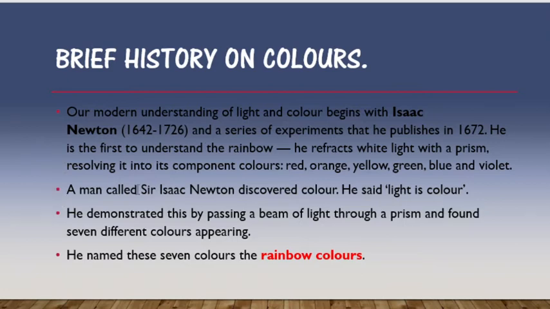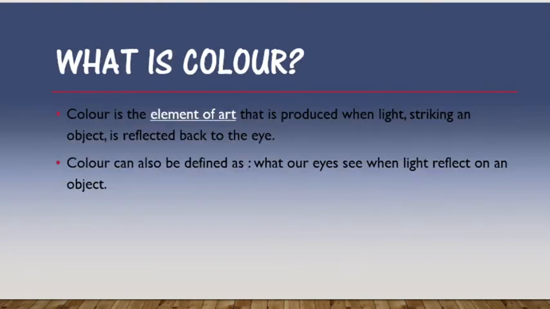A man called Sir Isaac Newton discovered color. He said, "Light is color." So from our definition, we said color is what our eyes see when light reflects on an object.